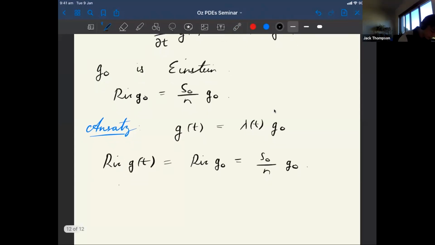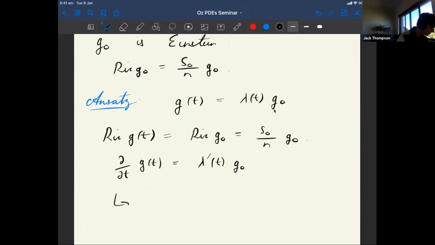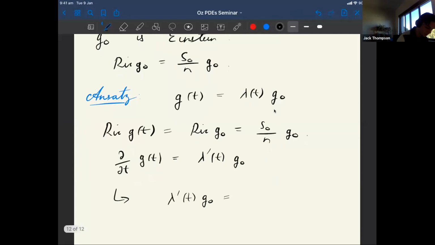On the other hand, when we take a partial derivative of G of t, we just get a derivative of lambda, again with G naught. So Ricci flow is going to be equivalent to the following ODE.